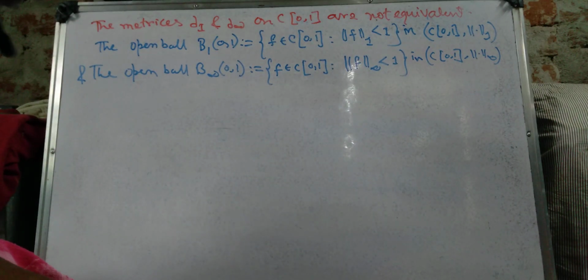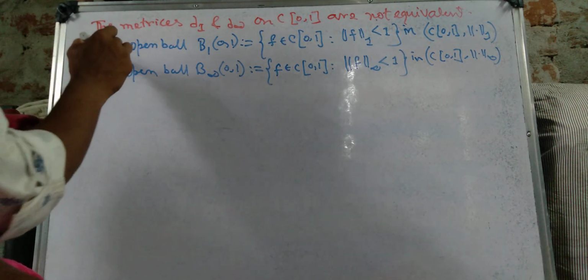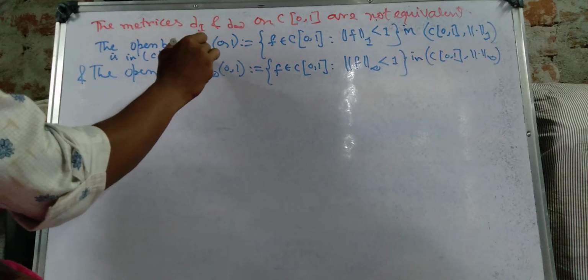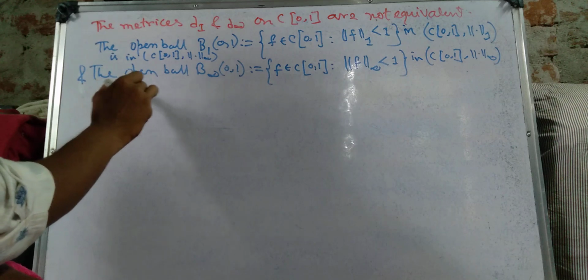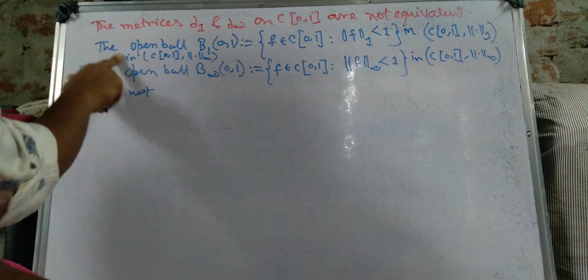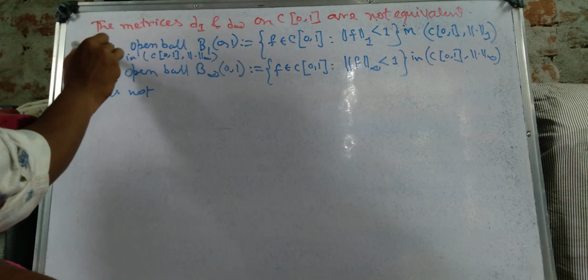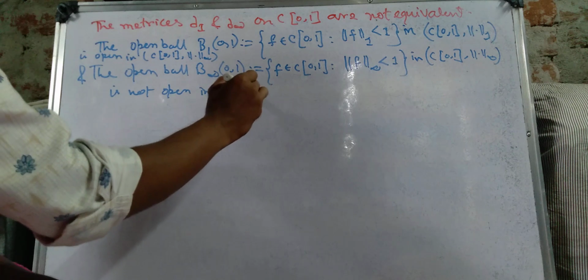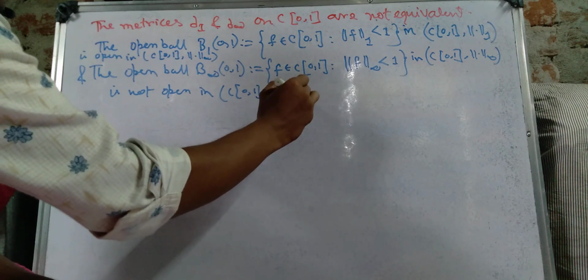Obviously, one of these is open in C[0,1] with norm infinity, and the other is not. This one is open, and this one is not open in C[0,1] with norm 1.